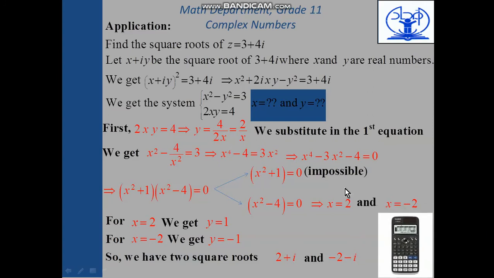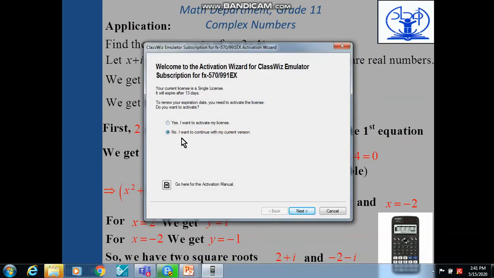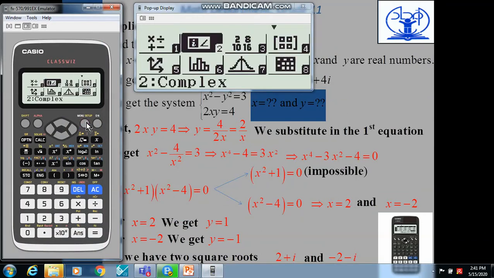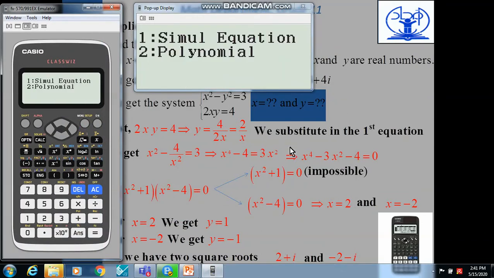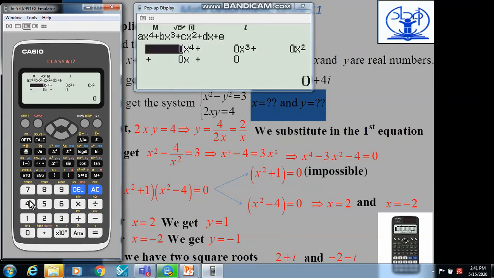Now let me show you how to solve this equation by calculator if you don't want to factorize. Simply we can go to menu, equation, polynomial, and choose fourth degree.